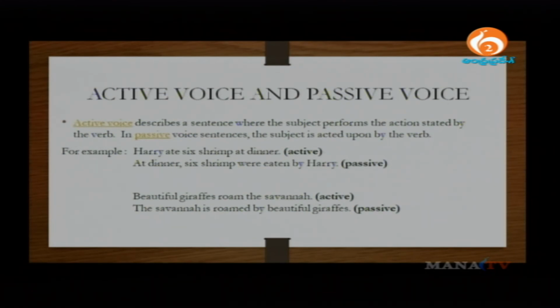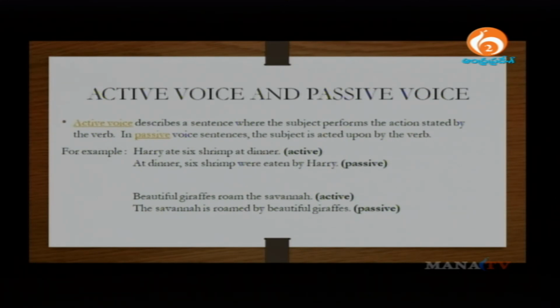So here roam is the verb, but describing a sentence according to the verb is basically active voice and passive voice.